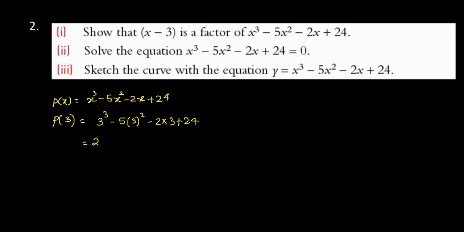This is 27 minus 45 minus 6 plus 24. So this is minus 18 and this is plus 18, which is 0.